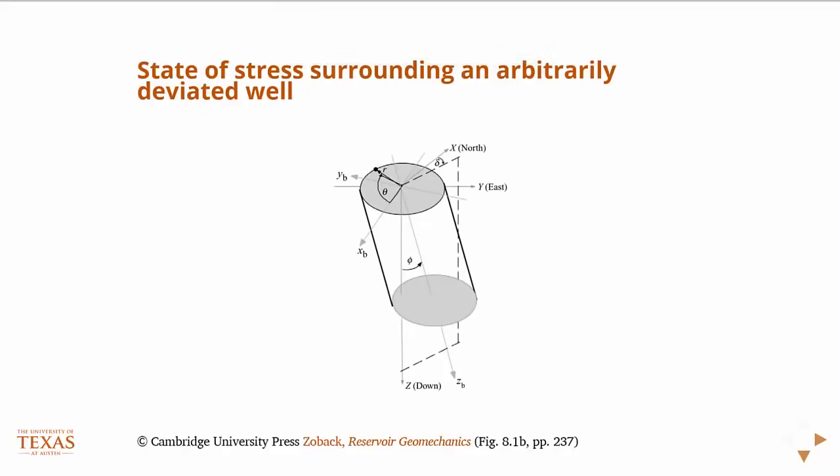So here we have basically what I'm describing. We have a coordinate system that resides within the well bore. ZB is labeled here, and ZB is vertically along the well bore.